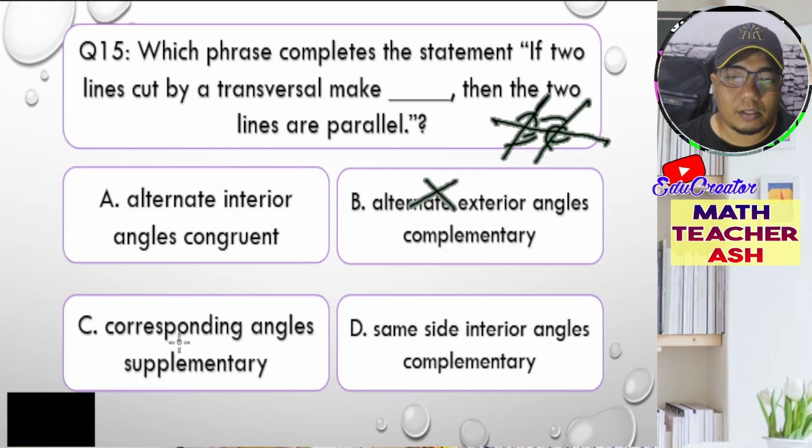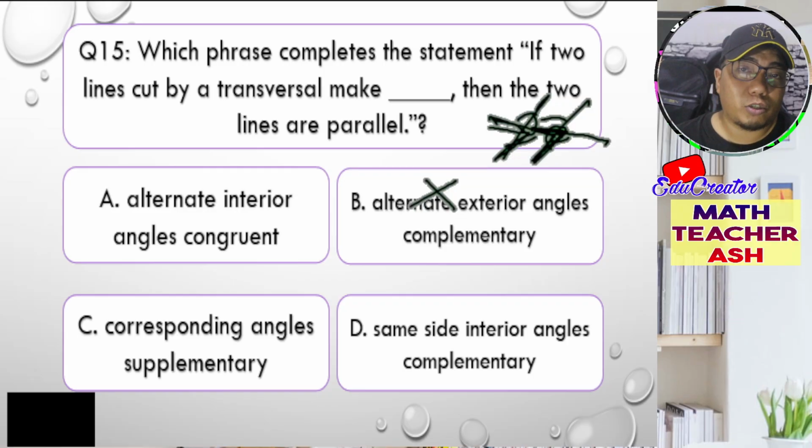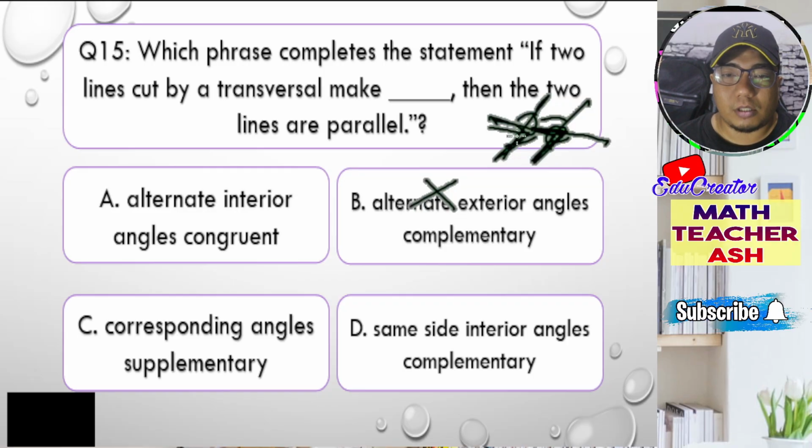How about letter C? Corresponding angles are supplementary. Corresponding angles are in the same position in the figure. If this is the one, then another one here is this one. They should be supplementary, meaning equal to 180. That is wrong still, my dear math learners, because they should also be equal in order for it to become a parallel line.